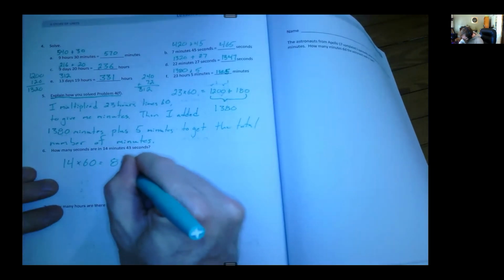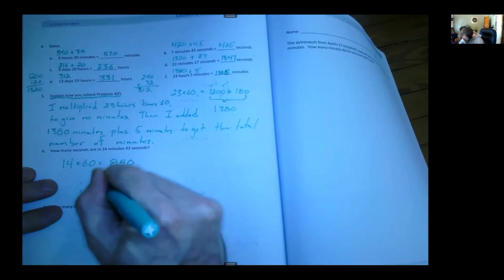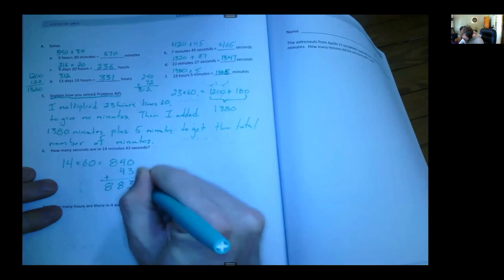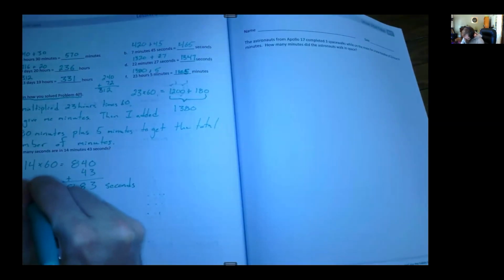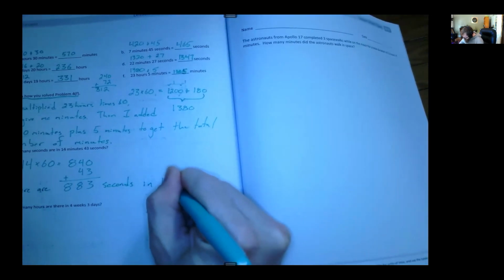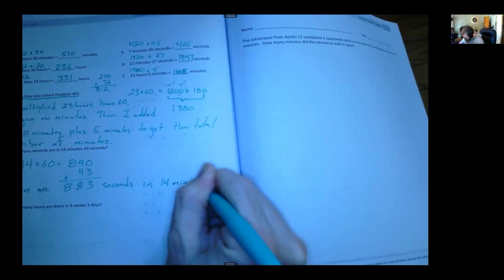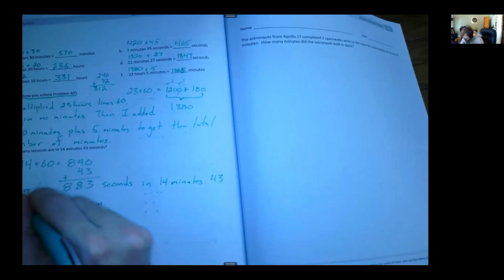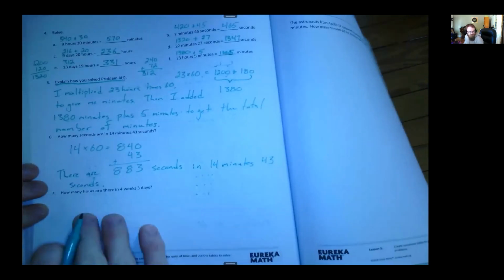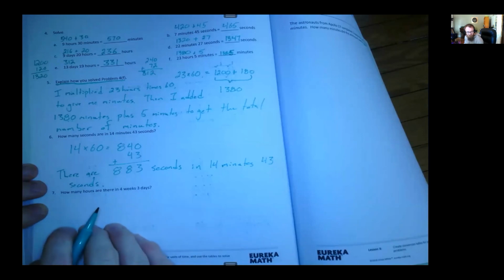And we add 43 seconds to that, we get 883 seconds. So there are 883 seconds in 14 minutes, 43 seconds. We're going to do number 7 together during small groups, so let's leave that for now.